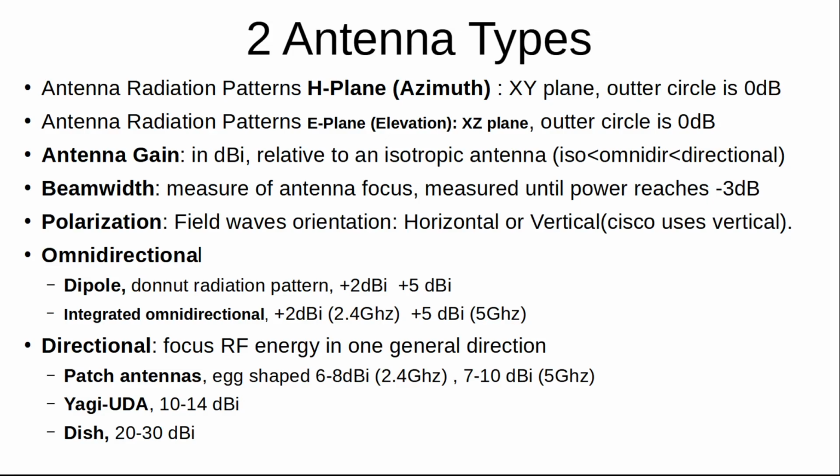Remember what the antenna gain, beamwidth, and polarization are. Remember that you have two main types of omnidirectional antennas, the dipole and the integrated omnidirectional. And the directional antennas will focus the radio frequency energy in one general direction, and you can have patch, Yagi, and dish antennas.